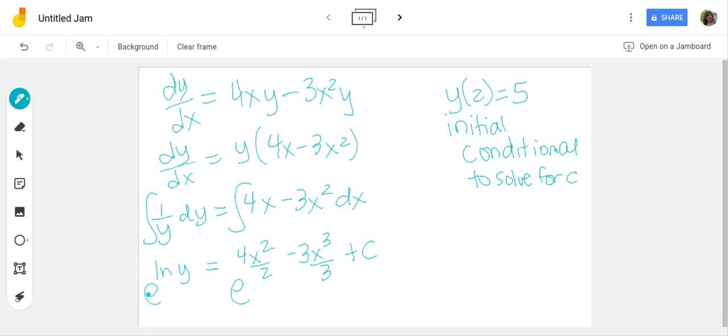When you do that, these two cancel. So you get y equals e to the, remember these are the exponents on e, this really ends up being 2x squared, and this really just ends up being minus x cubed.